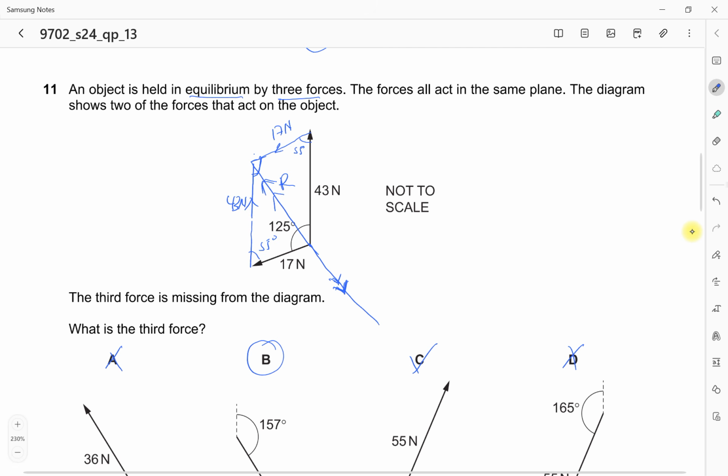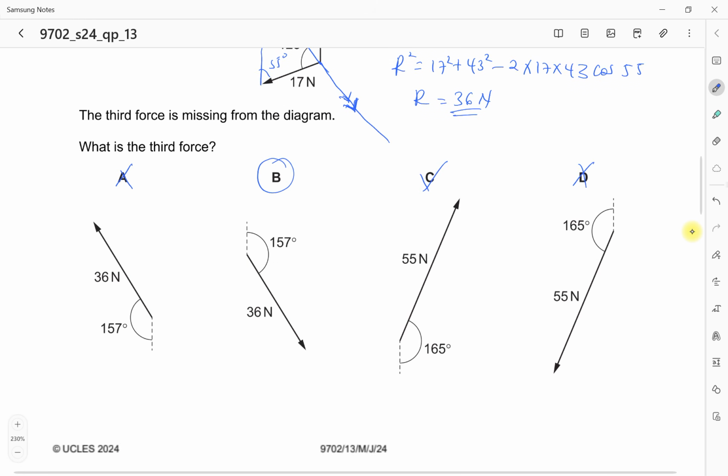So if I want to find the resultant using the cosine rule very fast, r squared will be equal to 17 squared plus 43 squared, then minus 2 times 17 times 43 cos of 55. And I think when you find the square root, the answer should be approximately 36 newtons. So the magnitude should be 36 newtons. I don't need to check the angle.